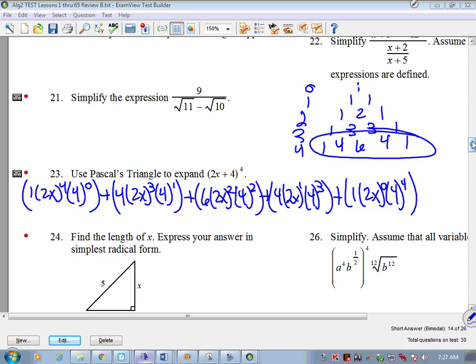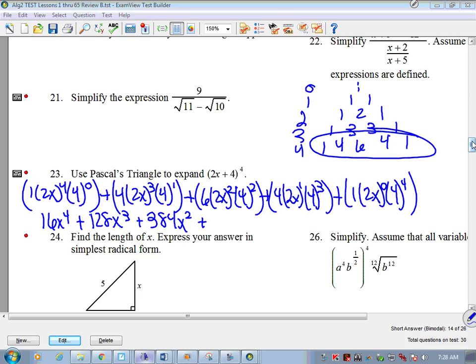We're going to get 2 to the fourth, which is 16x to the fourth, plus we've got 2 cubed, which is 8, so we'll take 4 times 8 times 4, which is 128x cubed. We got 6 times 2 squared times 4 squared, which is 384 with an x squared.